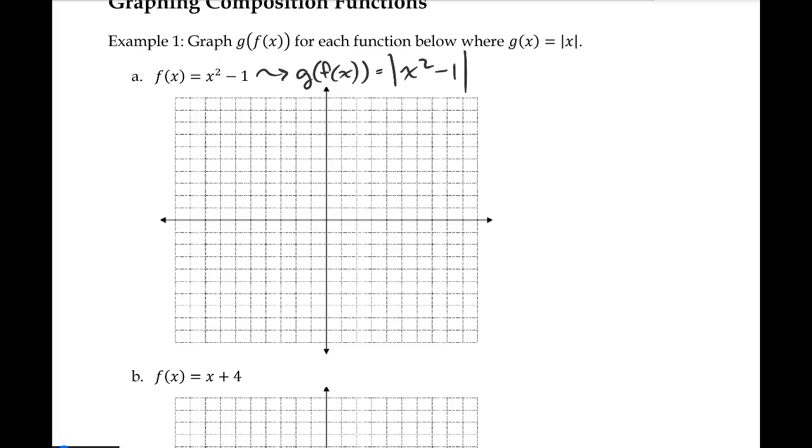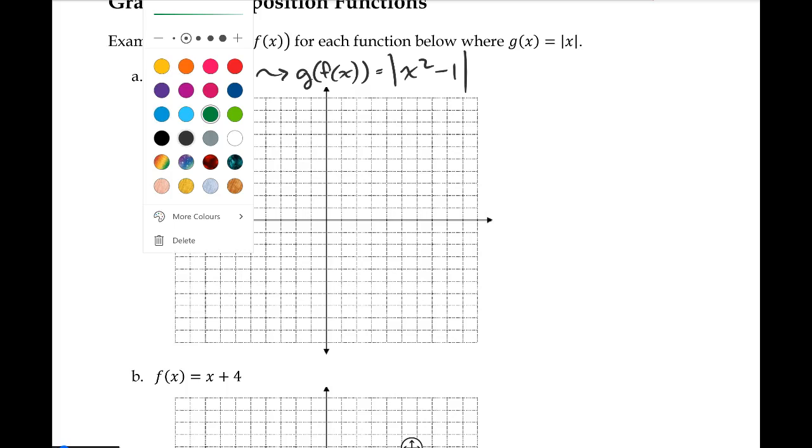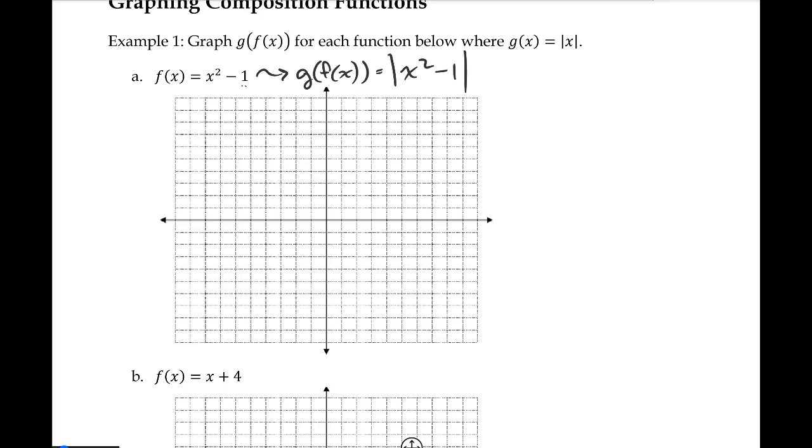So if I imagined my f of x graph, and I'm going to do that in a light color. Maybe this is the one I'll do in light blue, just for the sake of drawing f of x. Well, it's just shifted down, but it's a parabola, so I'm drawing like this. And again, the function of an absolute value is strictly for the purpose of making anything that's negative positive.